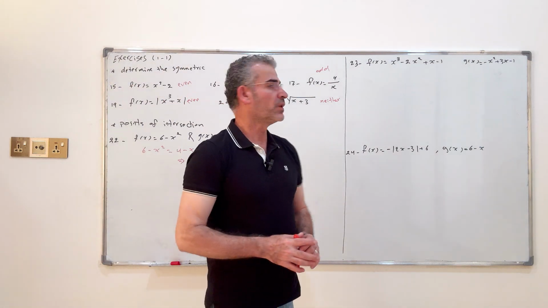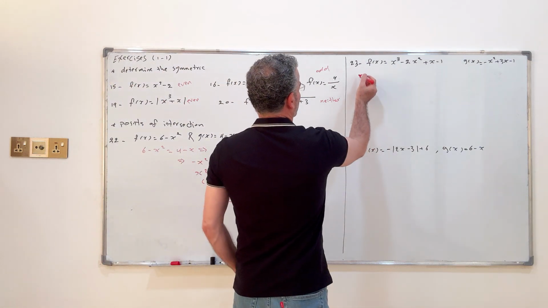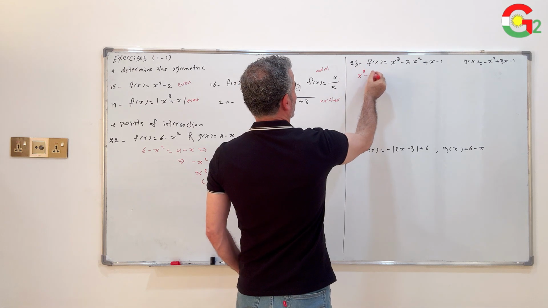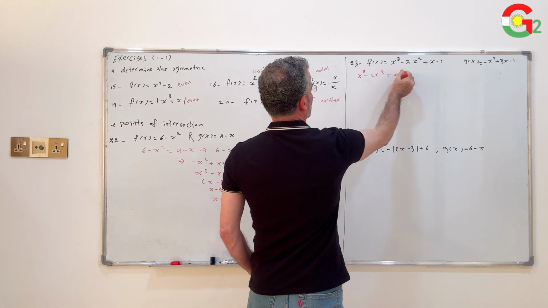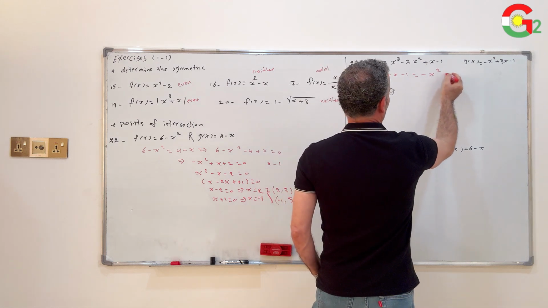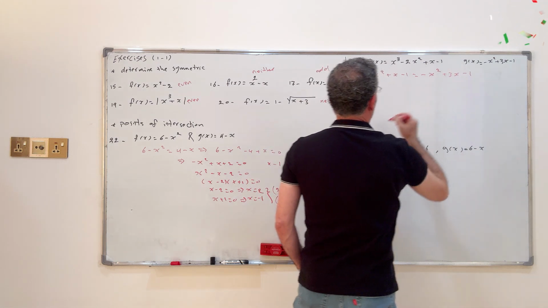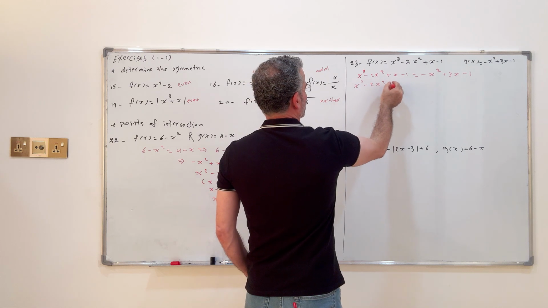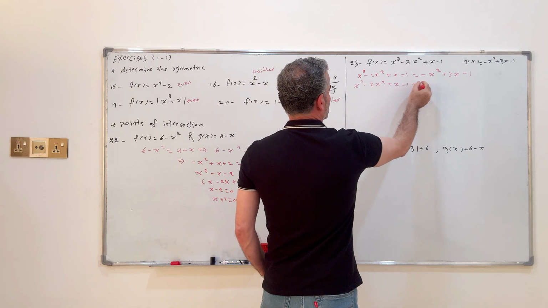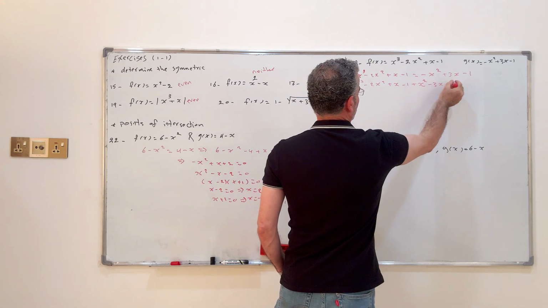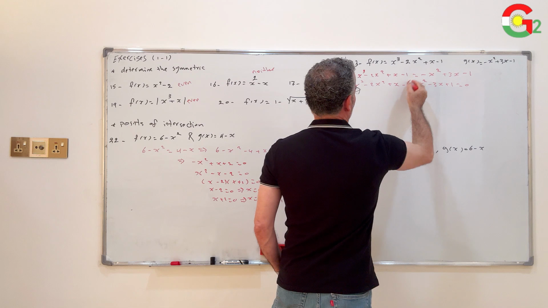Question number 23. Set f of x equal to g of x: x power 3 minus 2x power 2 plus x minus 1 equals negative x power 2 plus 3x minus 1. X power 3 minus 2x power 2 plus x minus 1 plus x square minus 3x plus 1 equals 0.